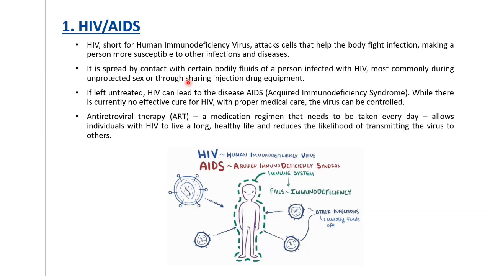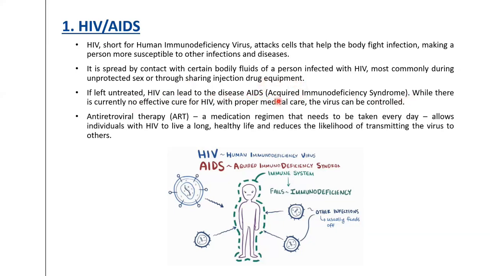So that person gets the virus, and if he is healthy, he may recover, but in most cases he gets the infection. If left untreated, HIV can lead to AIDS, acquired immunodeficiency syndrome.